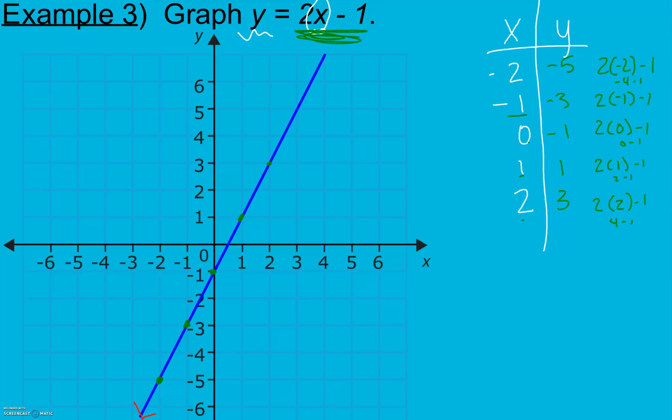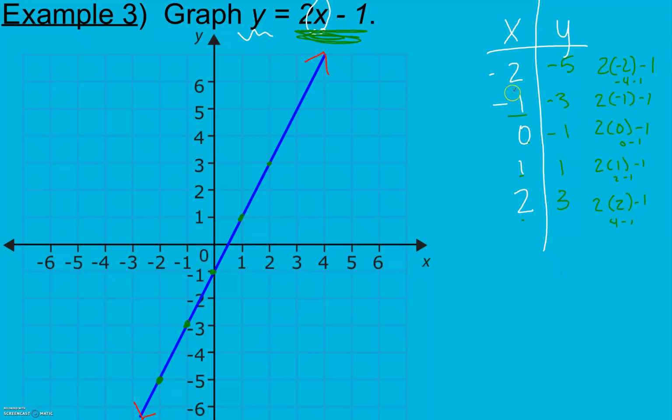I'm going to put arrows on the ends to show that it continues. Okay, if you do this, guys, and your straight line doesn't connect all 5 points, it means you either need to check your points or like how you graphed them or how you calculated them.